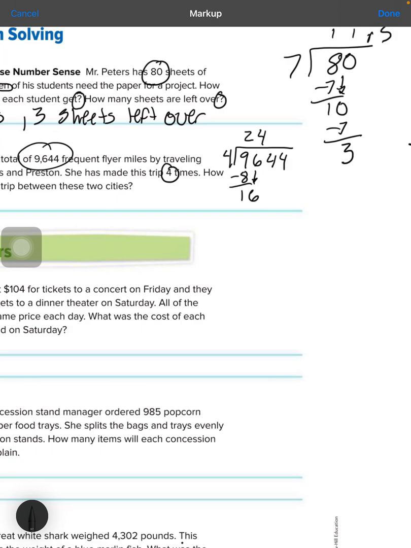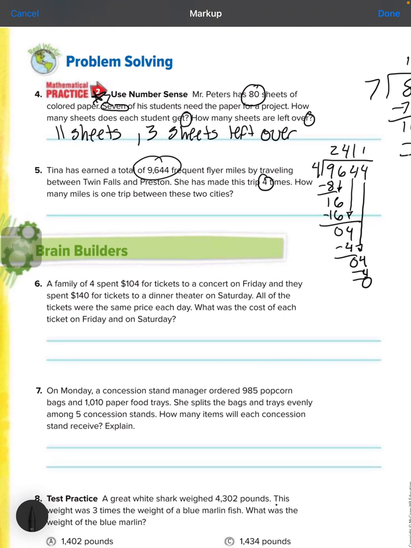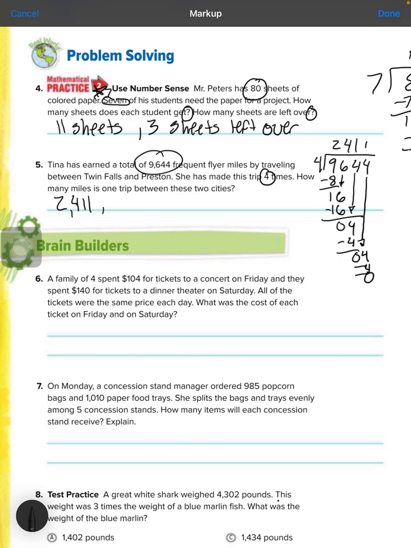Bring down the 6. 4 will go into 16 4 times. 4 times 4 is 16. 16 minus 16 is 0. Bring that 4 down. Ooh, I like it when it works out like that. Bring this 4 all the way down. Whew. Okay, so each trip, 2,411 miles.